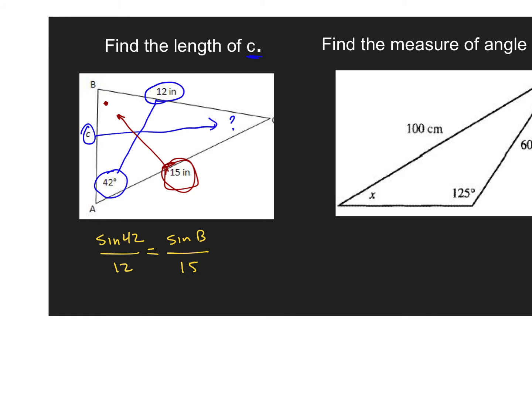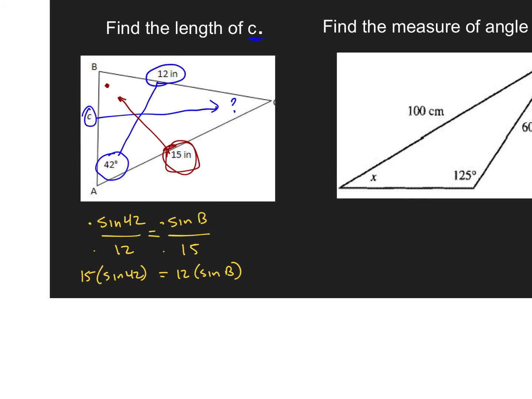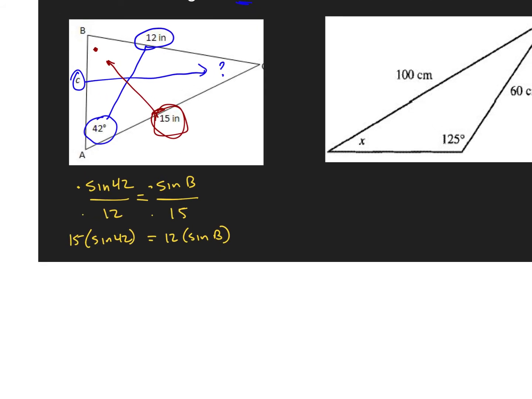So the sine of an angle over its side, sine of an angle over its side. Now it becomes a ratio problem. So I take 15 times the sine of 42, and that's going to be equal to 12 times the sine of B.